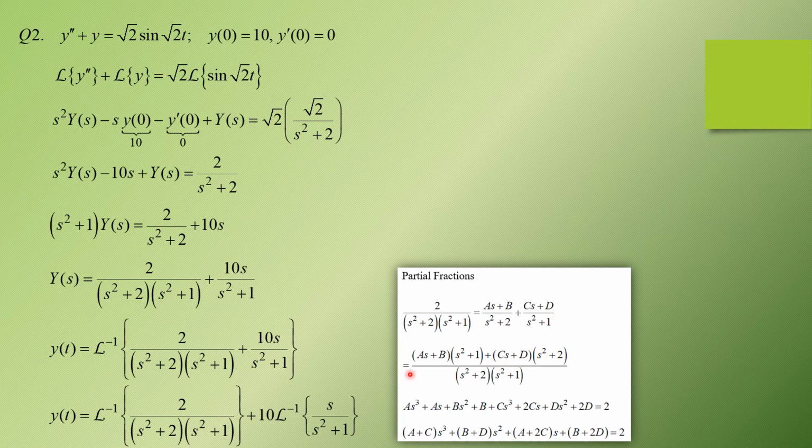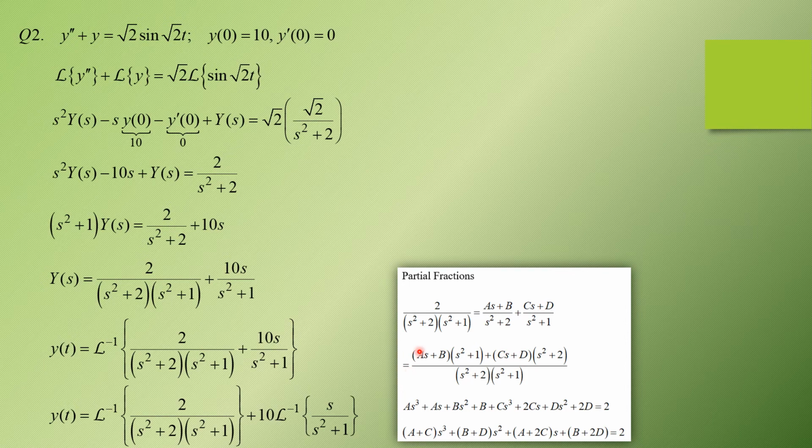This equals, get the common denominator of these two functions, and then we can cross multiply: as plus b multiplied by s squared plus 1, plus cs plus d multiplied by s squared plus 2, divided by the product of these two. Now this is an equality, which means the function on the left side must be equal to the function on the right.